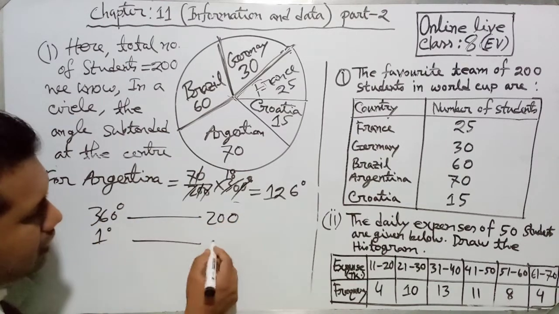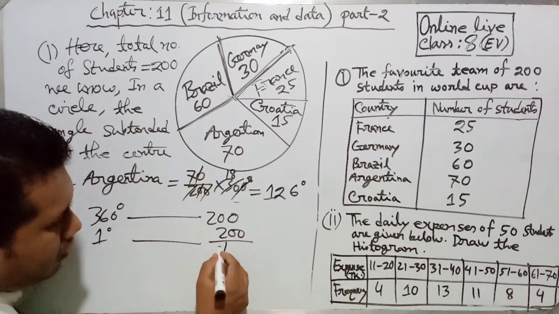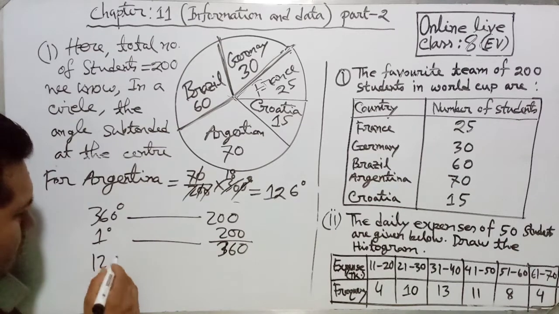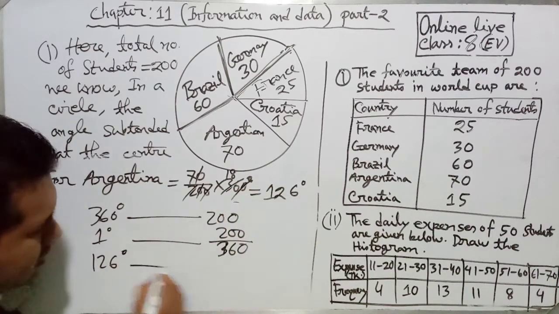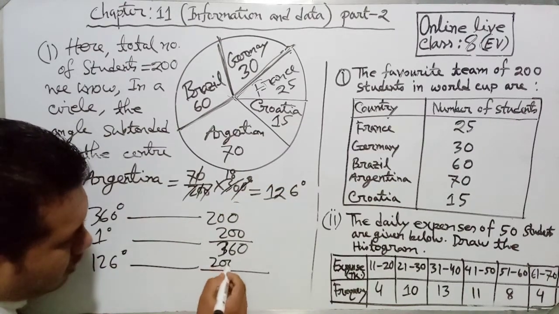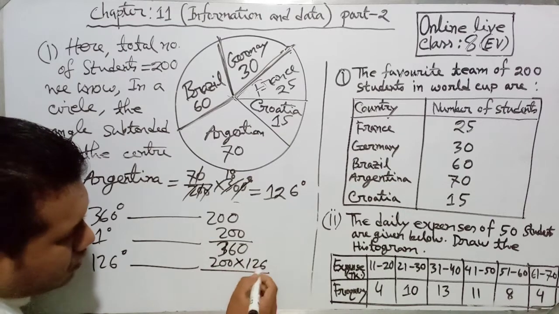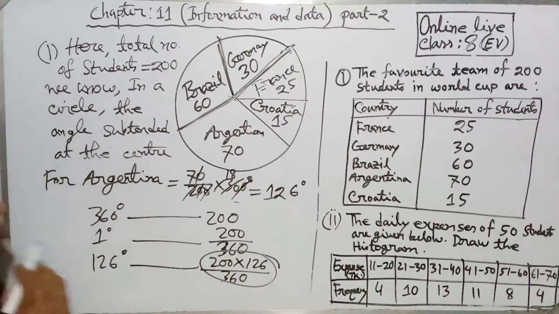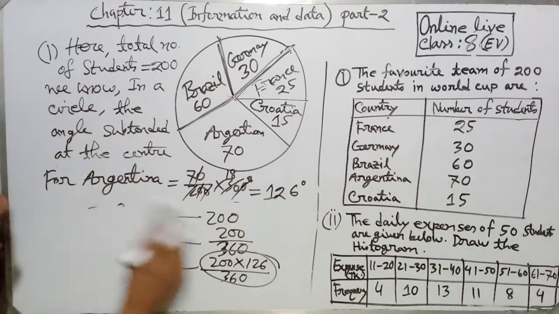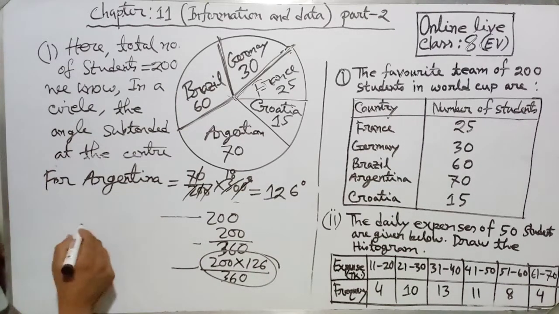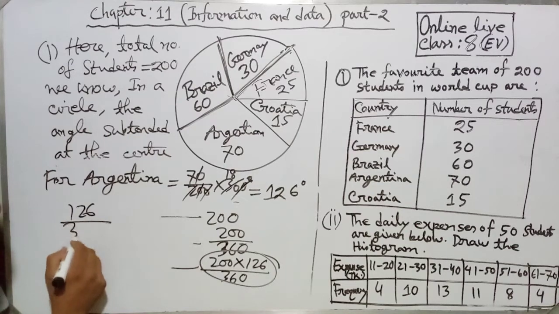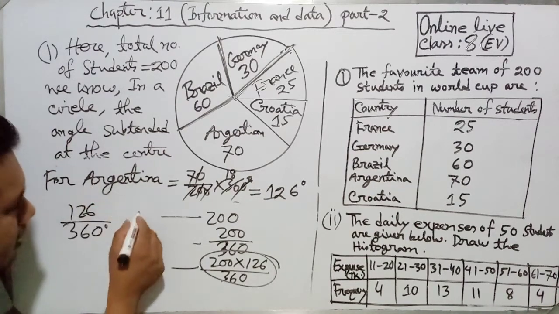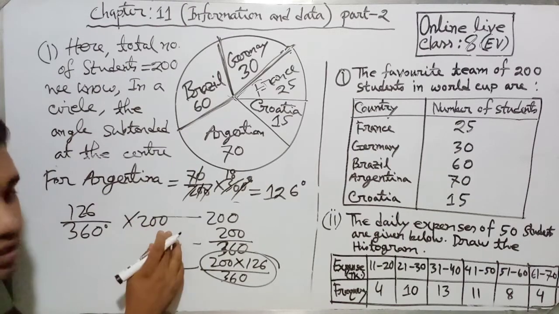So 1 degree will be used for 200 divided by 360, and for 126, it will be 200 into 126 divided by 360. So finally you can write the process like this: given degree divided by total degree 360, into 200, because this is the students.